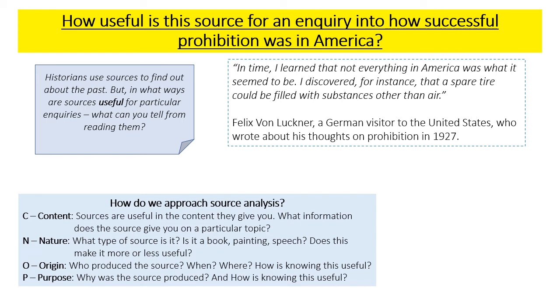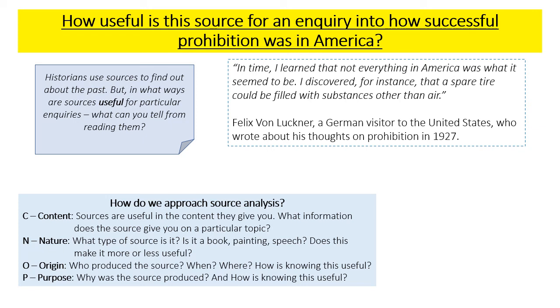Next, we have a think about the origin. So who produced the source, when, where, and how is knowing this useful? So this was produced by a German visitor. So it's someone coming into America, into this world where alcohol is illegal. Why is that useful for us? That's something that you need to be thinking about. Okay. And then the purpose of this source.